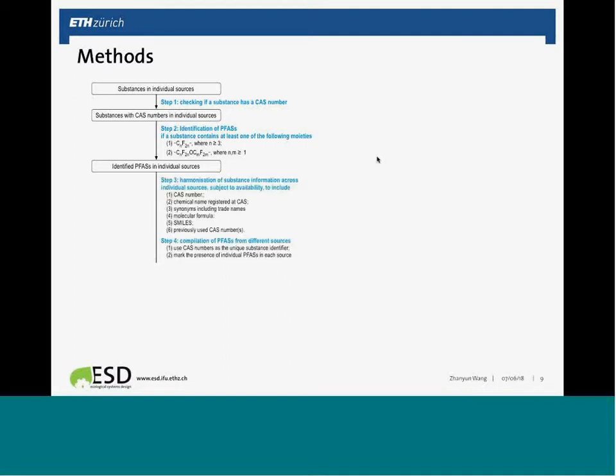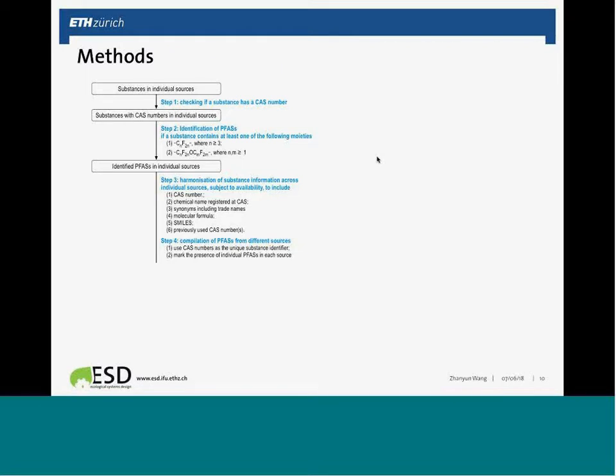Then the next step, we try to harmonize the information across different sources, to include sources that have the same CAS number, the same chemical name registered at the Chemical Abstracts Service. Different synonyms have been used, including also trade names. What are the molecular formula?